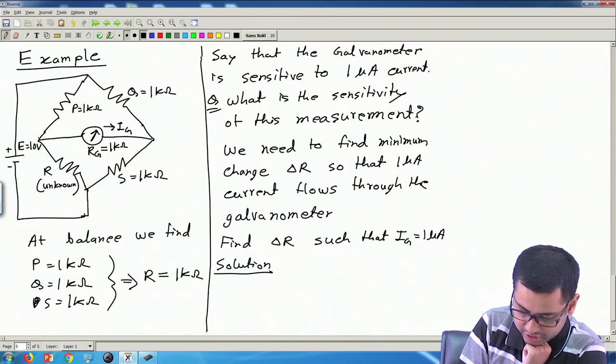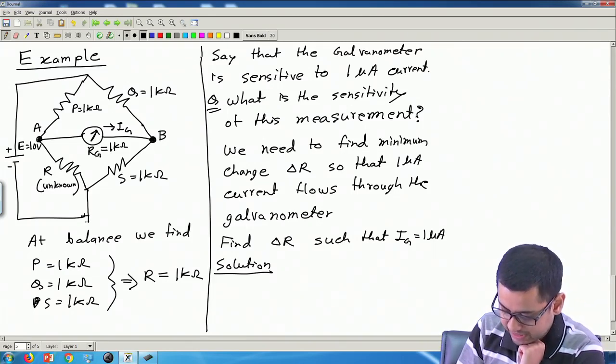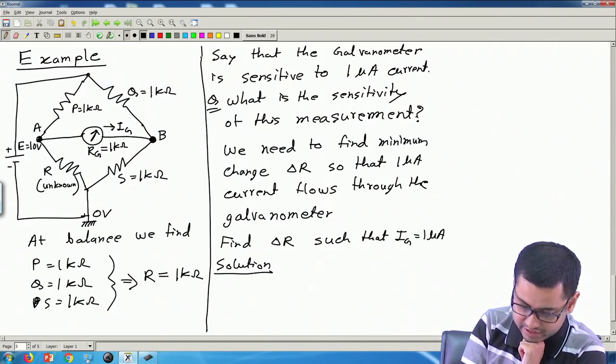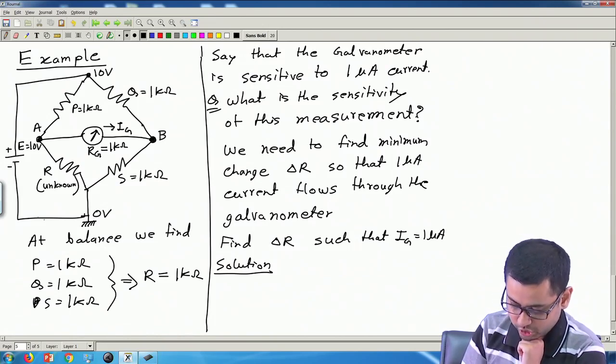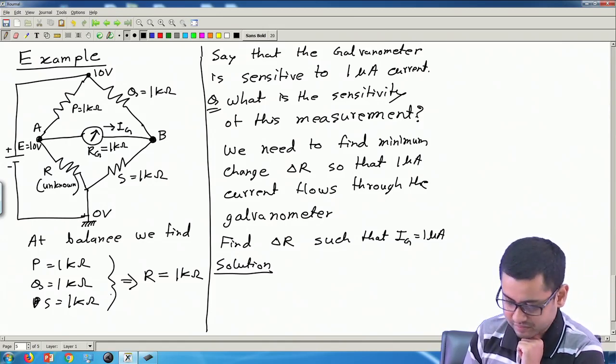Let us call this point as A and this point as B, and let us take this as the reference point, that means the 0 volt point for calculation. So this point is therefore at 10 volt. Okay, so this is 0, this battery has an EMF of 10, so this point is at 10 volt.